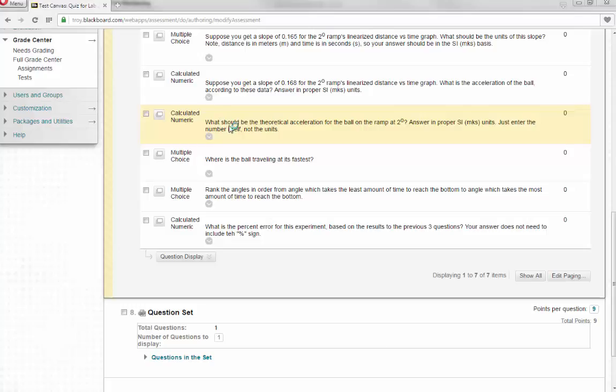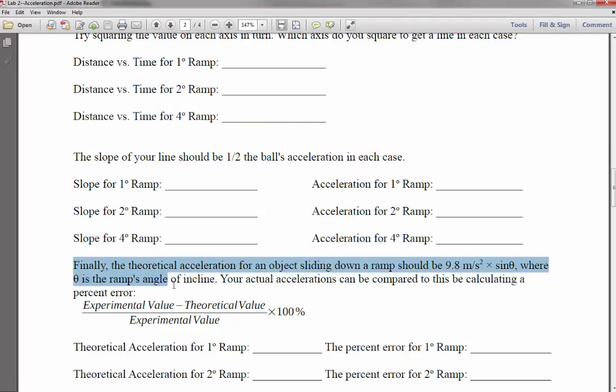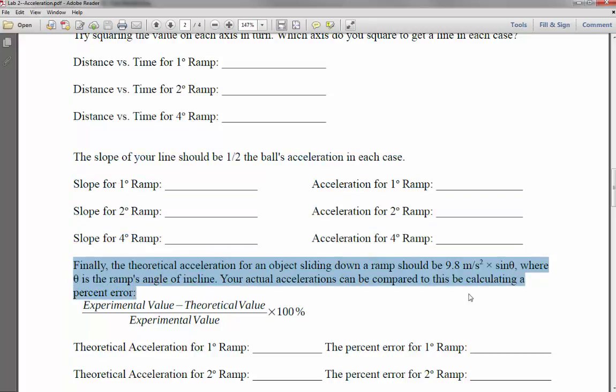The next question is, what should be the theoretical acceleration of the ball on the ramp at 2 degrees? Answer in proper MKS units. So here in the directions, the next line down in your handout for this lab says, the theoretical acceleration for an object sliding down a ramp should be 9.8 meters per second squared times sine of theta, where theta is the ramp's angle of incline.